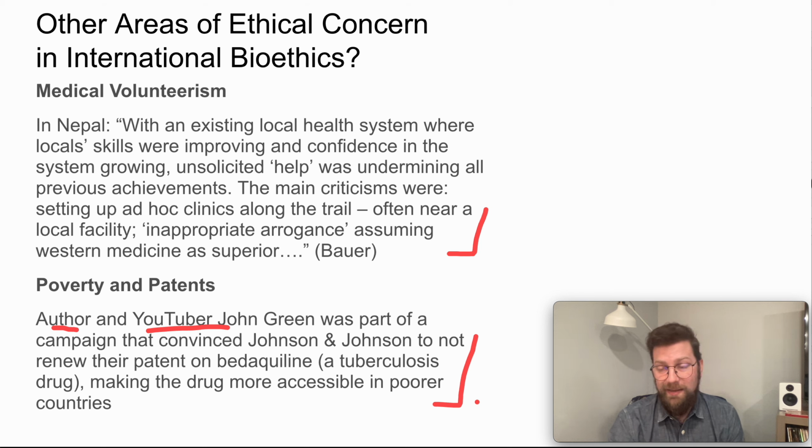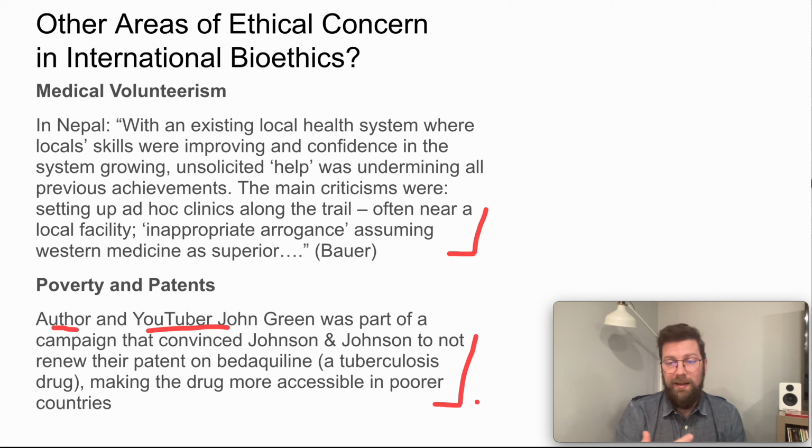But in this way, we can see that one thing that we need to focus on when we think about the international dimensions of bioethics is that money is a huge factor, especially when we're dealing with the relationship between rich nations and poor nations. We might think that there is a duty among the rich to help the poor, and there's a further duty of the rich to not unjustly exploit poorer nations.